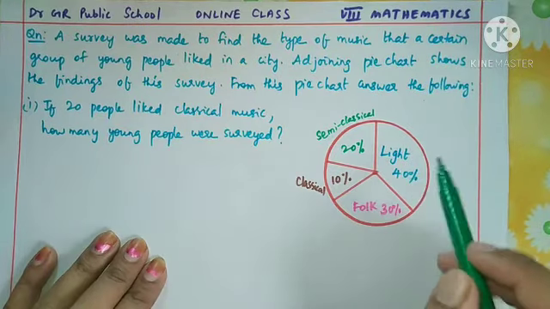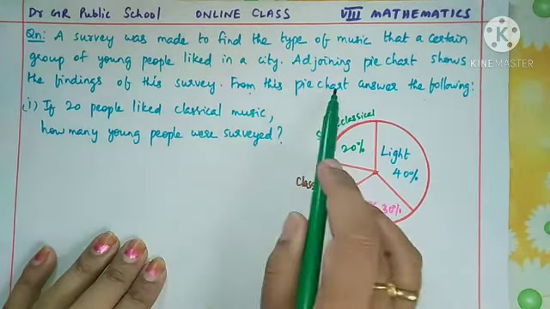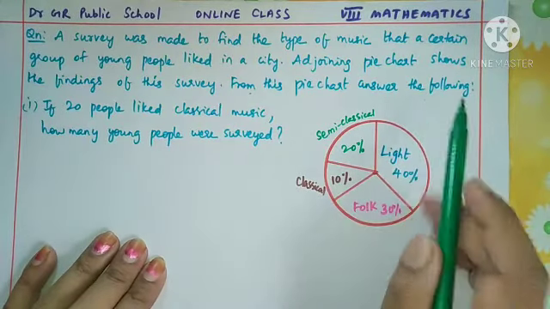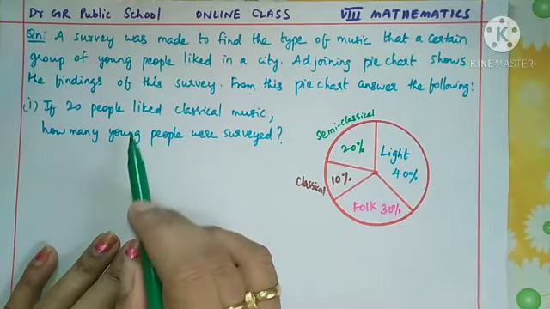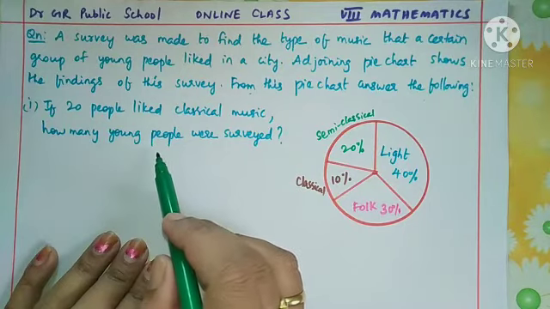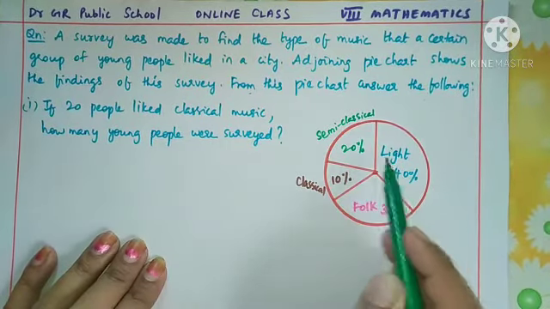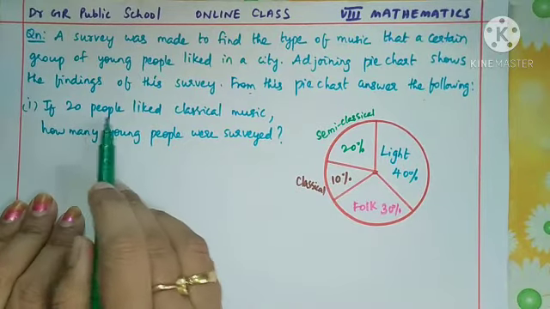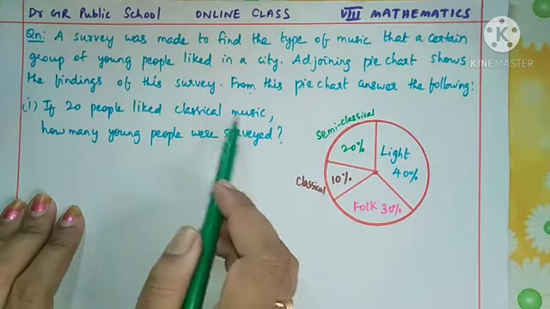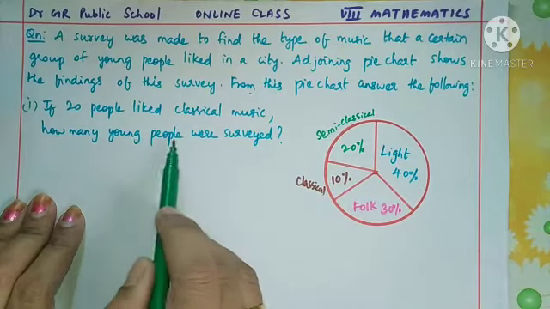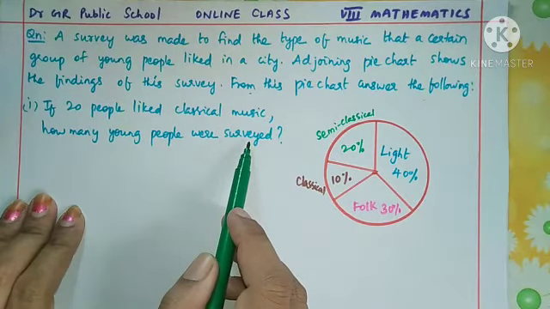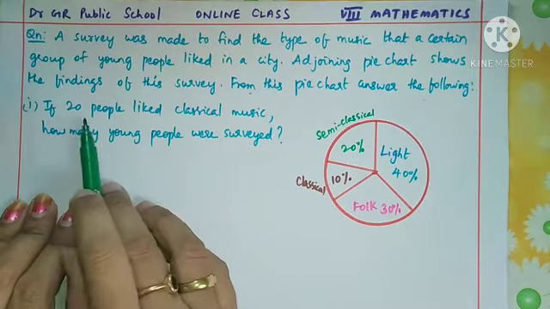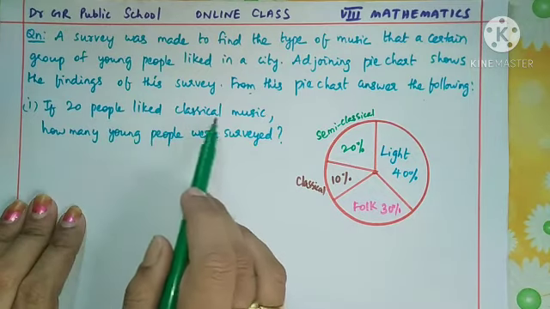Now from this pie chart, answer the following. You want to answer some questions asked from the pie chart. The first question is, if 20 people liked the classical music, how many young people were surveyed? So 20 people liked the classical music.